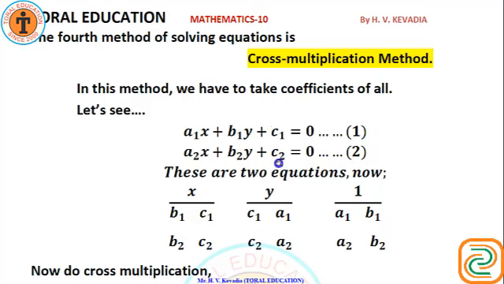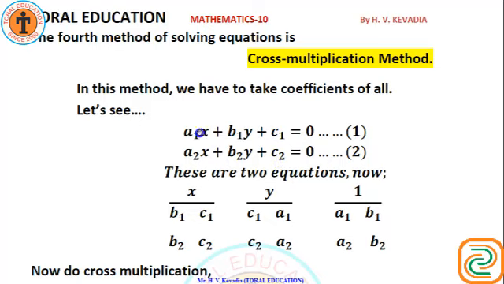When we take the constant term, that is 1, we will take a1, a2 and b1, b2, these two. Whatever the variable is, we will not take the coefficient of that variable. X is the variable here, we will not take this. Here y is the variable, we will not take b1, b2, and here for the constant term we will not take c1, c2. Okay, understood?